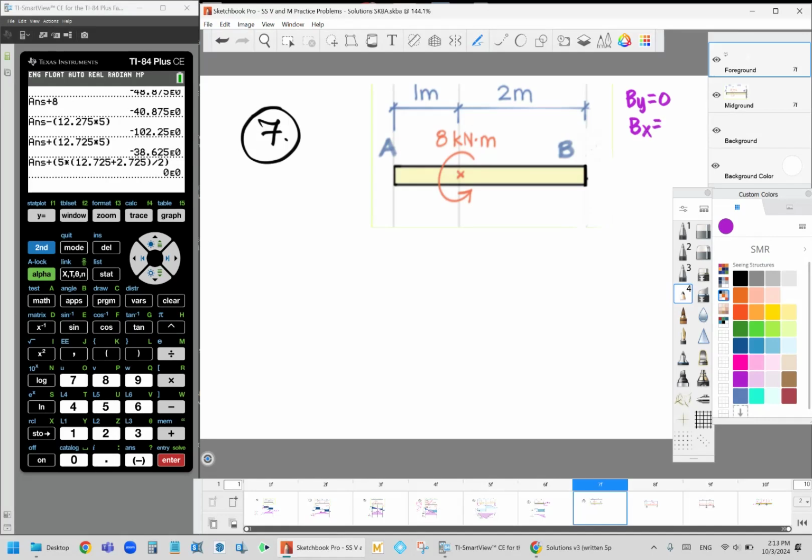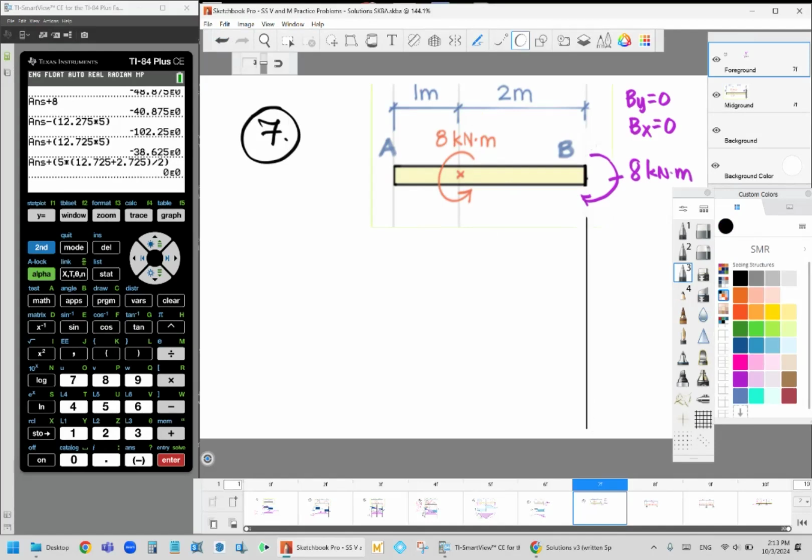Similarly, Bx is equal to 0. But when I sum moments, I need a reaction moment to balance this out. So it needs to be equal and opposite, equal to 8 kilonewtons times meters. All right. On to the fun part.